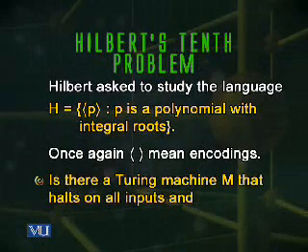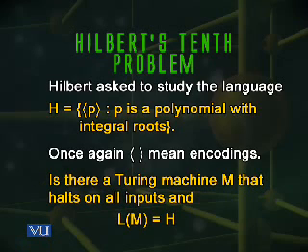So Hilbert's 10th problem formally and in our language is given as follows. Is there a Turing machine M that halts on all inputs and the language of M is exactly equal to H? So now we have exactly defined Hilbert's 10th problem as a language, and we are asking if there is a Turing machine which accepts this language and halts on all inputs.